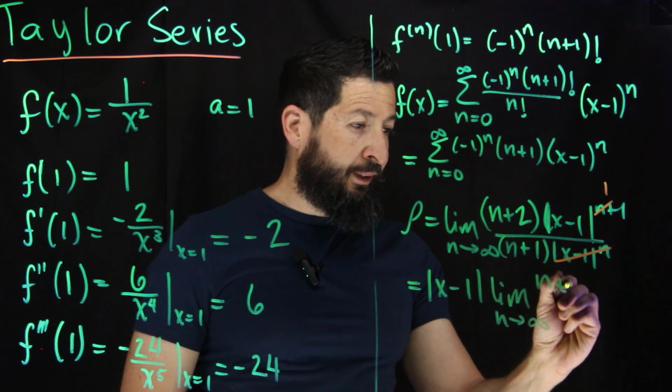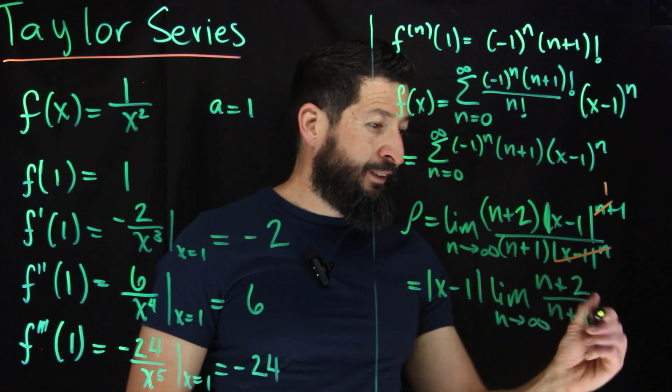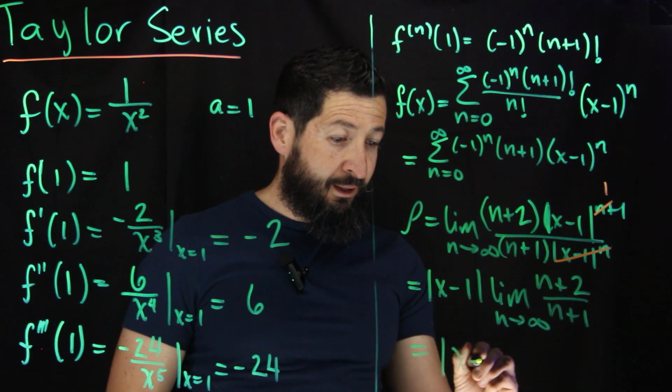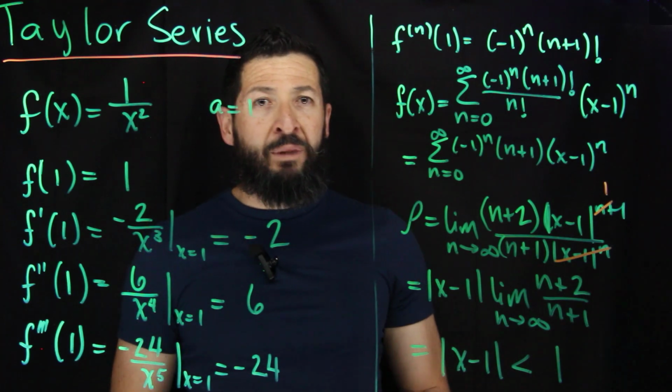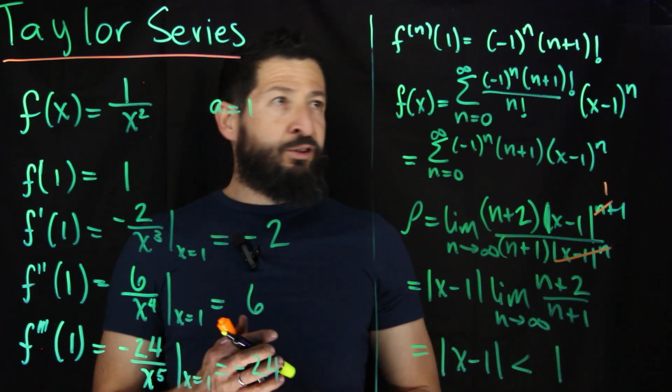So not very exciting, but it is what it is. You can still get that this should be less than 1 by the ratio test, and that's going to be your radius of convergence.